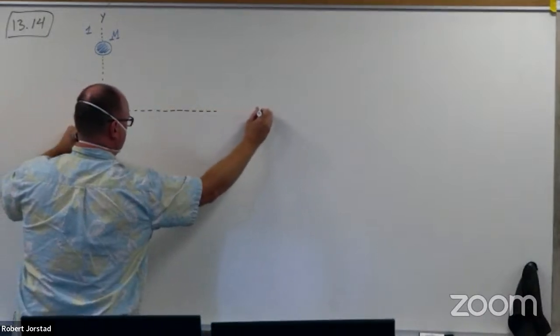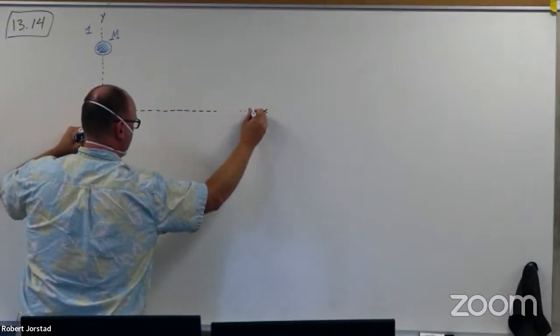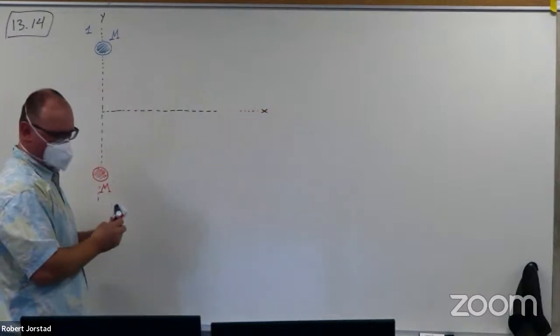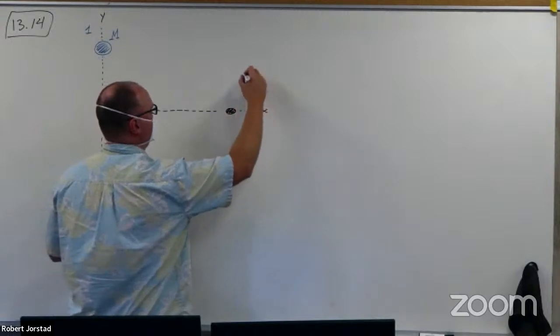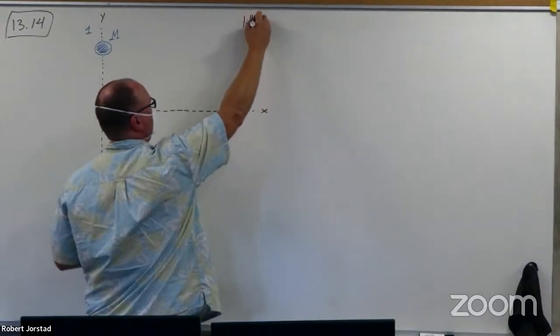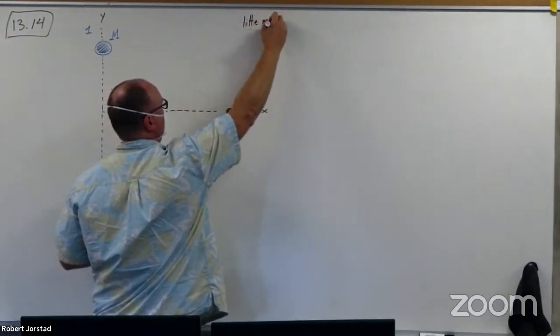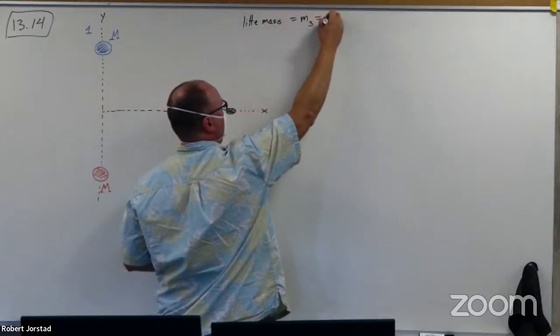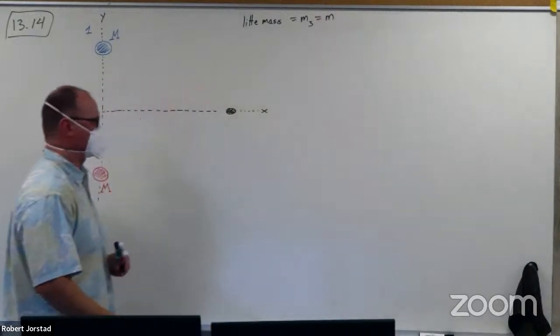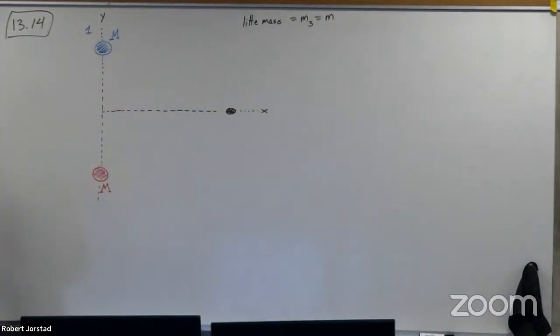It's going to be our x-axis. And there's a little point mass out here. That's going to be M3, and that's just going to be lowercase m. Okay. And so this one down here is going to be number 2.